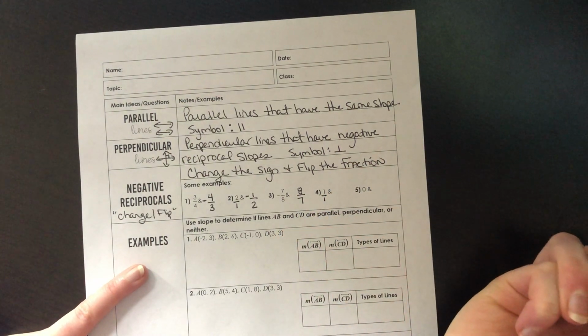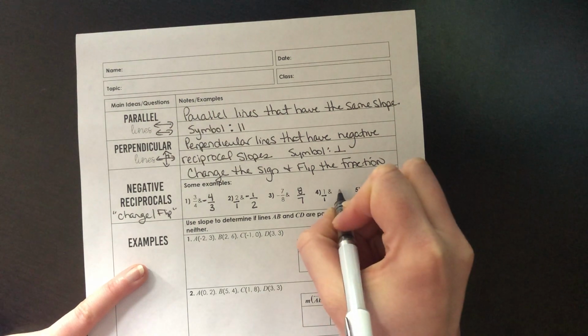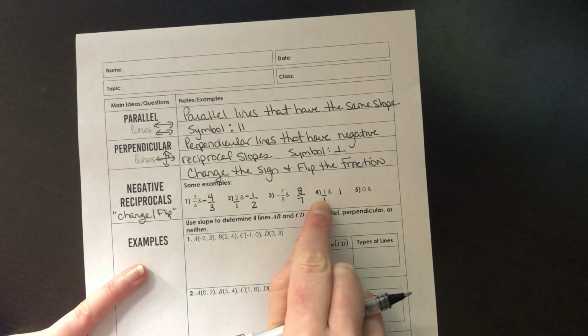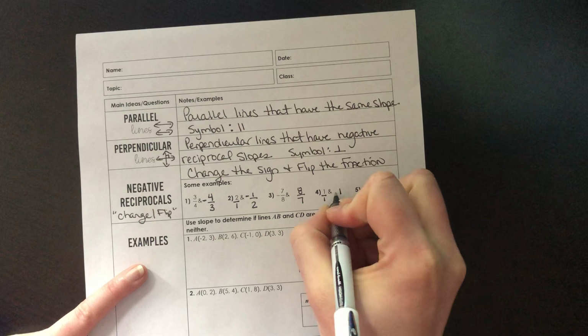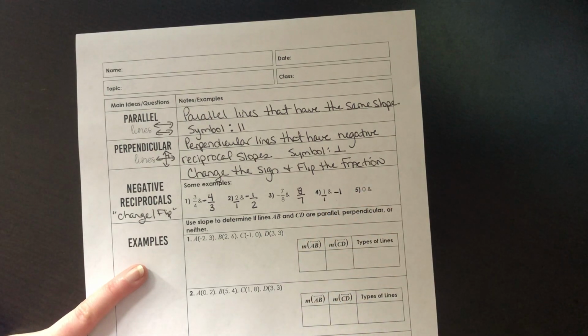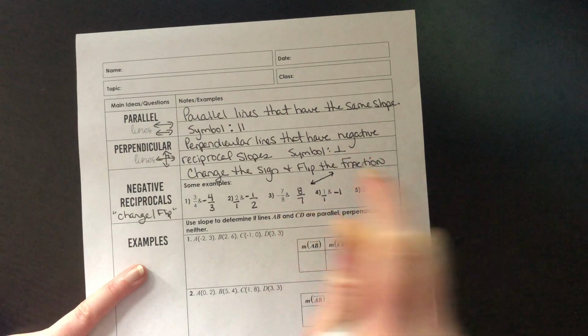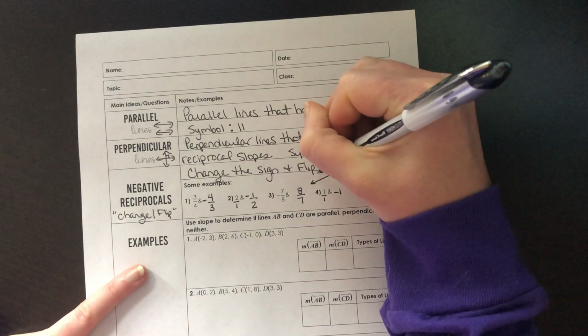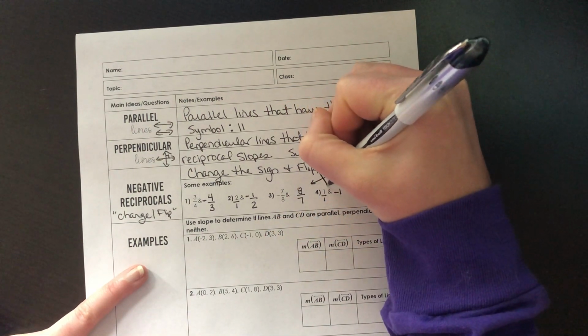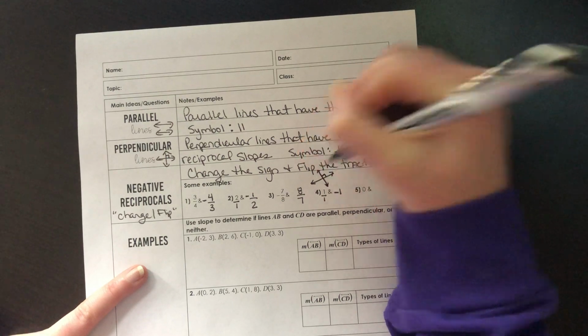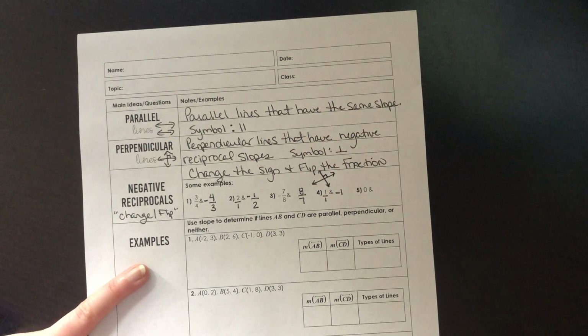Well, if I flip 1/1, I still get 1. But if I change the sign, it becomes a positive to a negative. So kind of visualize. This is a positive slope, going in the positive direction. And then when I have a negative slope, but it's a negative reciprocal, it makes a right angle. That goes for all of these.